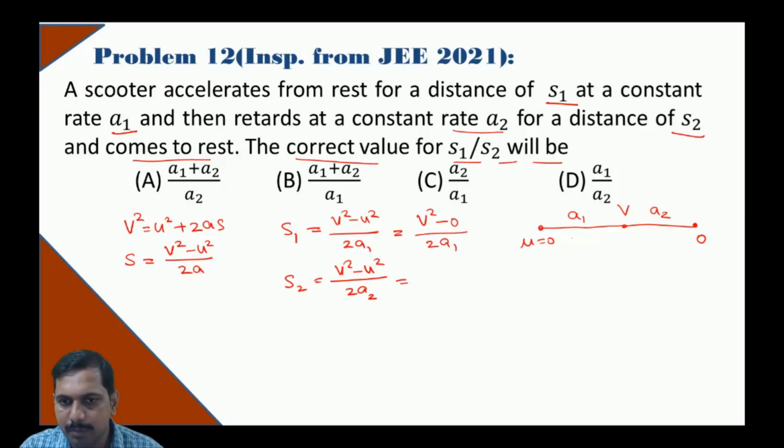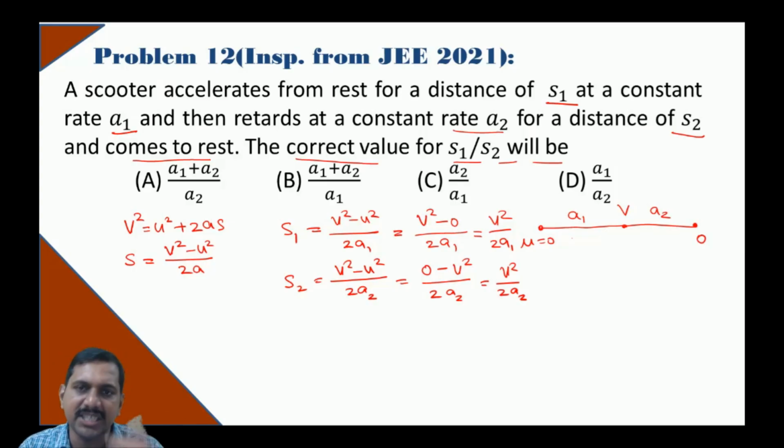In the second case, v would be 0 minus u square, where u would actually be v, divided by 2a2, but a2 is negative, so the negative gets cancelled there. So we will have this as v square by 2a1, and this would also be equal to v square by 2a2. There is a negative here, but I have cancelled it because we have taken it as retardation.